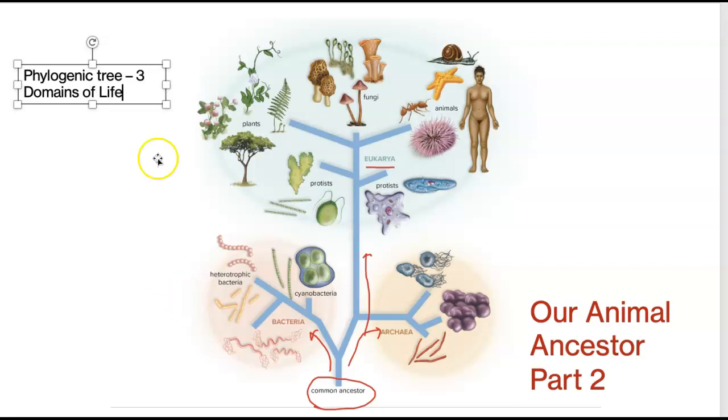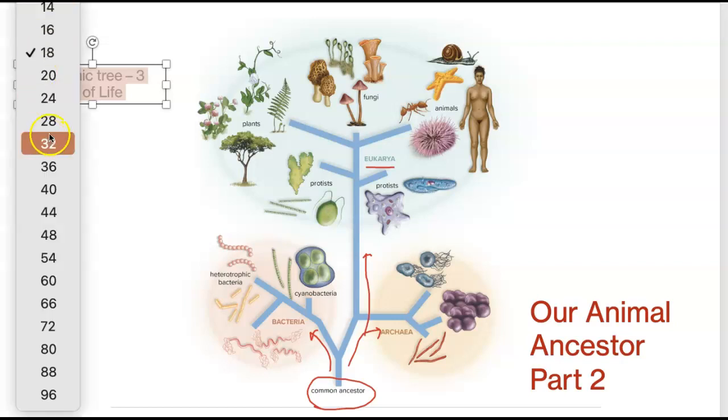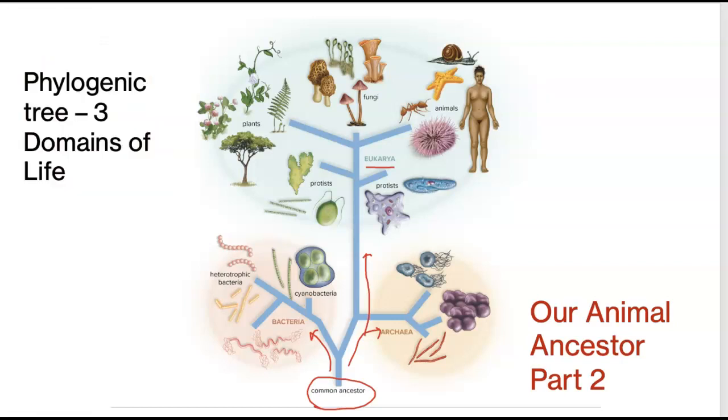All right, so this is, for the most part, the currently accepted view of what we think life looks like and how it is organized and how we group things together because of physical characteristics. So, the Linnaean system, Carl Linnaeus, was based on physical characteristics.